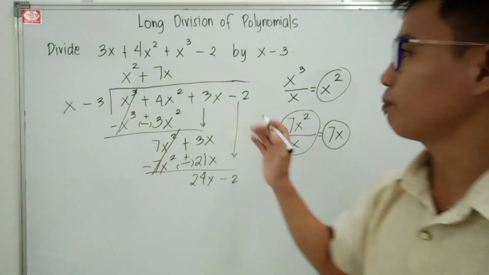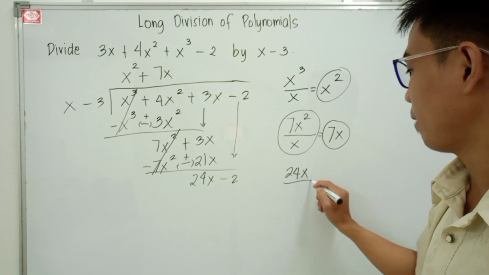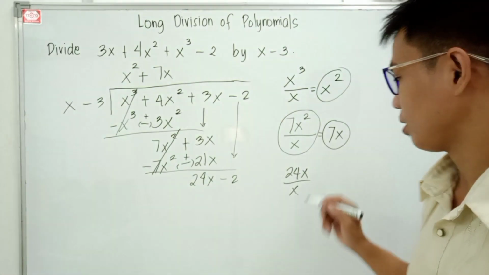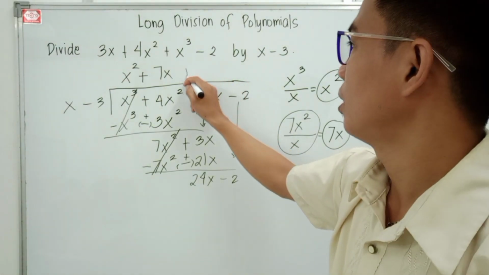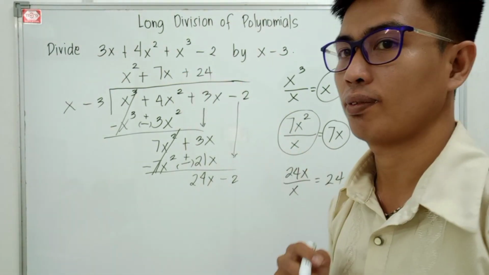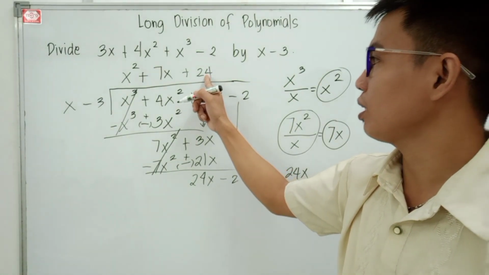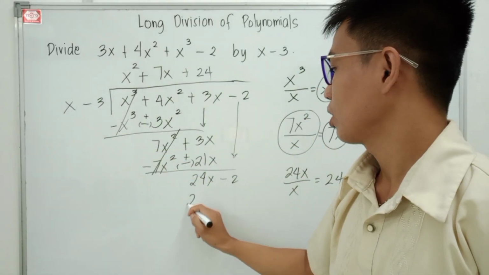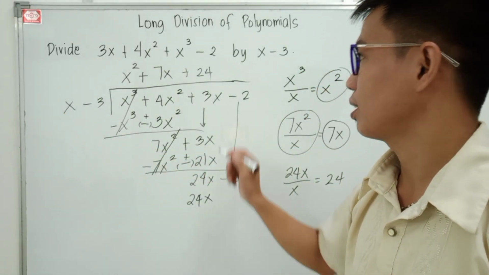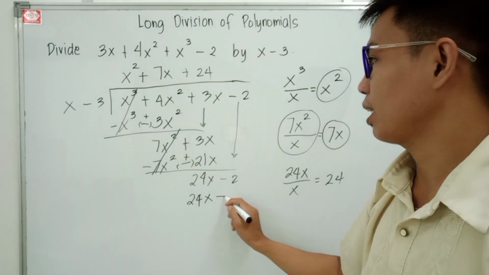And again, balik tayo dun sa ating unang step, divide 24x by x. So the result will be positive 24. And multiply ulit natin yung sagot dito dun sa ating divisor. So 24 times x is 24x, and 24 times negative 3 is negative 72.